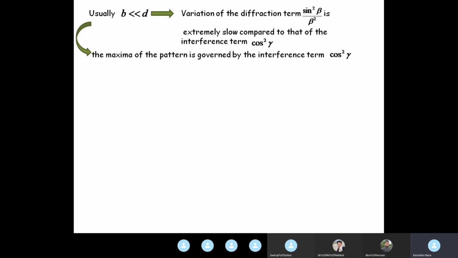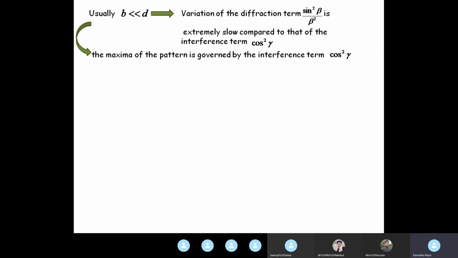So the maxima of the pattern is governed by the interference term cos square gamma. Now once again here you have to realize something. Minima means a dark fringe. So whether it is due to diffraction or due to interference, a dark fringe means absence of intensity.